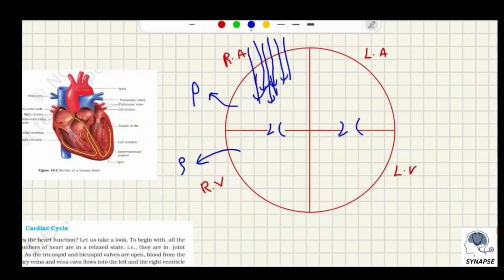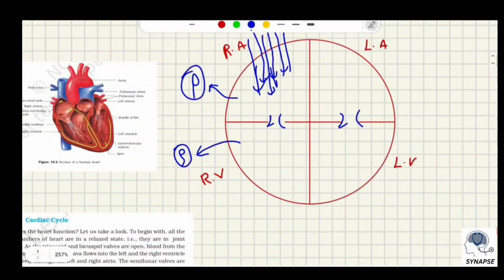At the point where this pressure is greater than the ventricular pressure, the valve between the right atrium and right ventricle, the tricuspid valve, will open up.